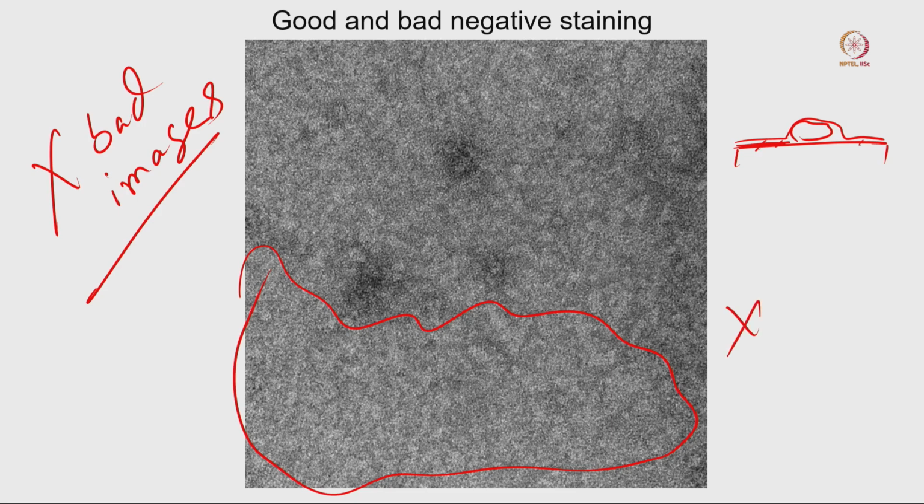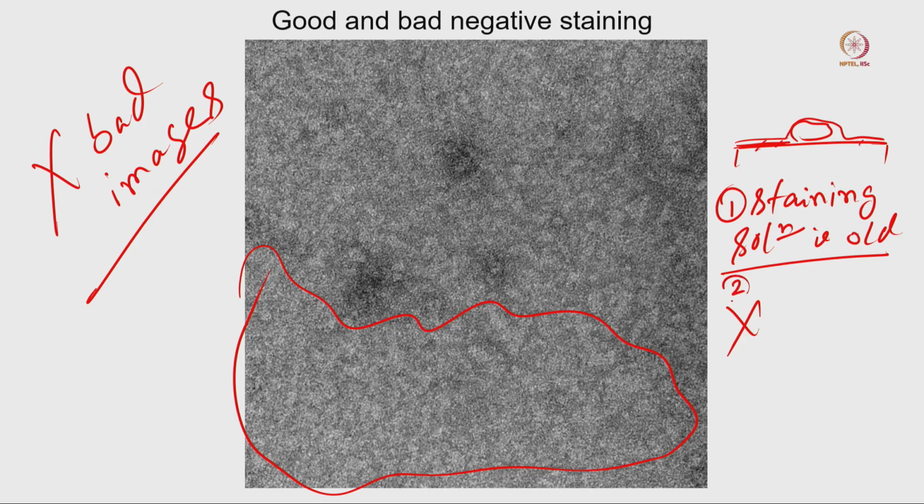So this is bad. What are the points we should remember? Either the staining solution is old. When it is old, what will happen? Most of the time uranyl acetate and uranyl formate will precipitate, and then the concentration of the staining solution will go down.